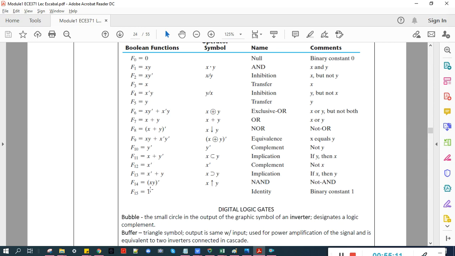Let's go to F14. xy prime, that's NAND. You're negating the AND operation, or complementing the AND operation. The NAND is symbolized with an up arrow.